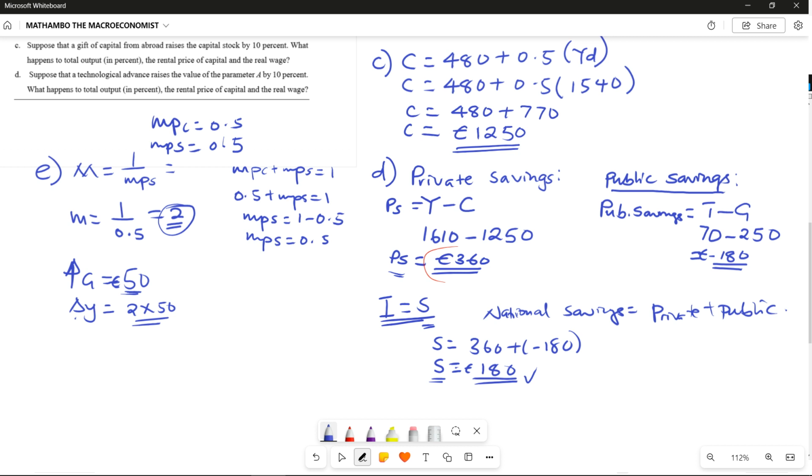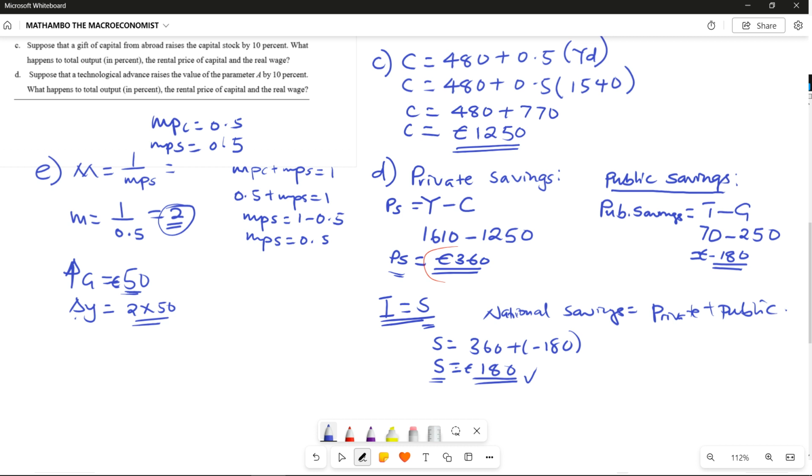So what the multiplier does is show the impact of a unit change on equilibrium output. If the multiplier is 2, then when there's a 1 unit change in any of the variables that affects our output, the impact of that change on output will be twice.